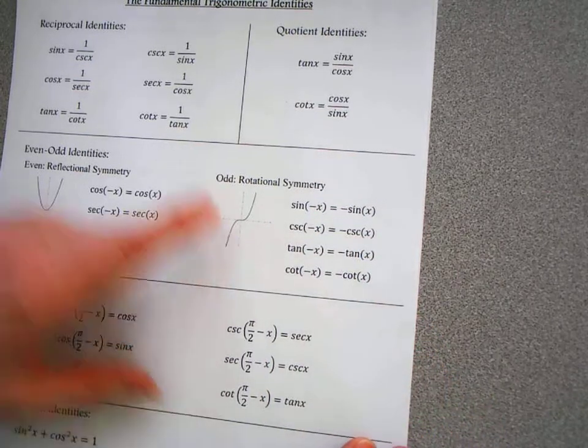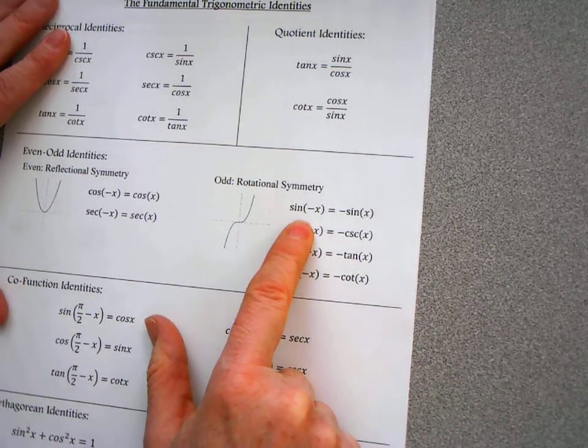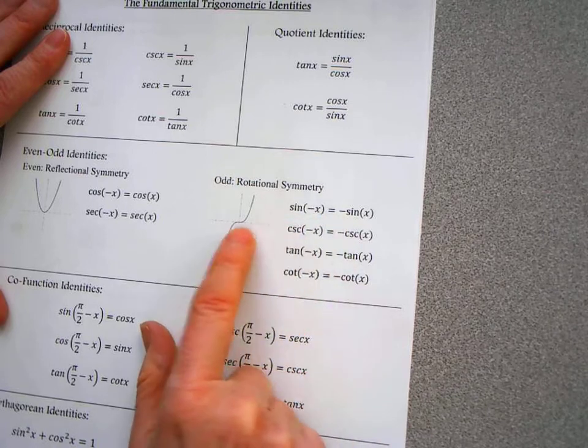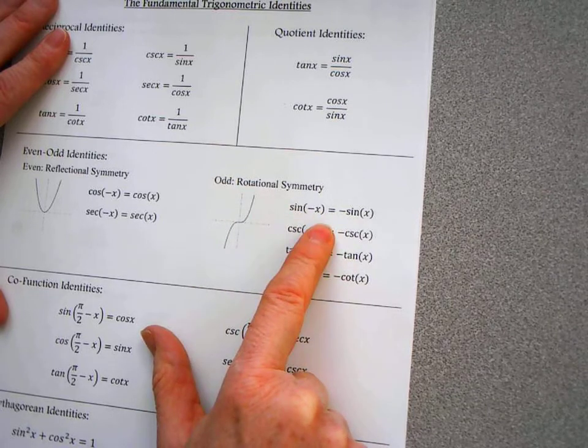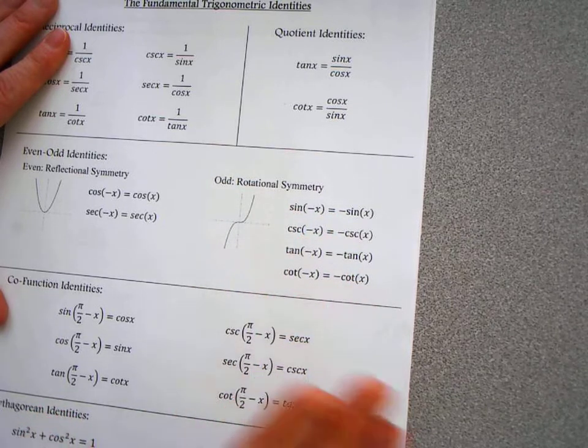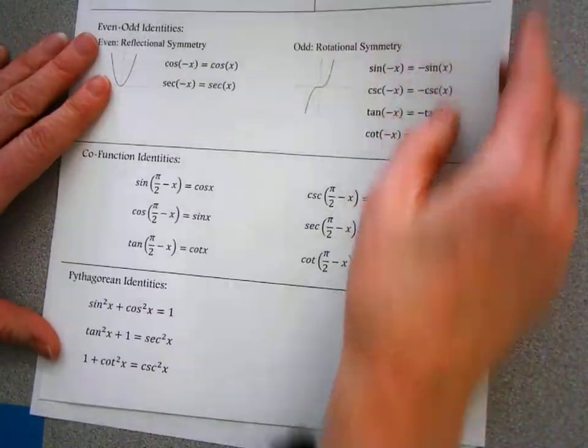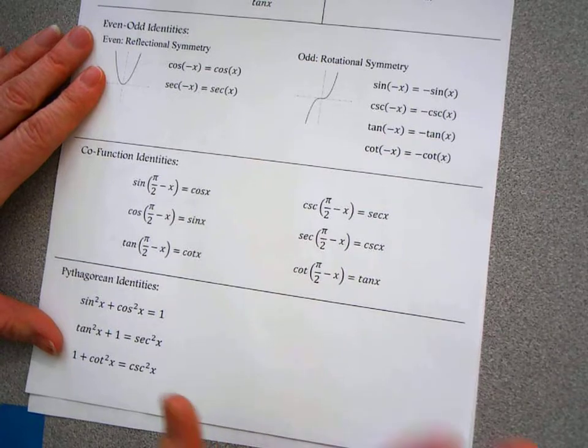So in this way, sine values, the y values, have odd symmetry. We'll have these reference sheets to work from. Cofunction identities we will get to later, so they're there. We will be using these immediately.